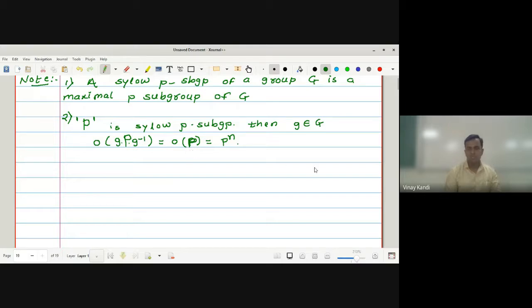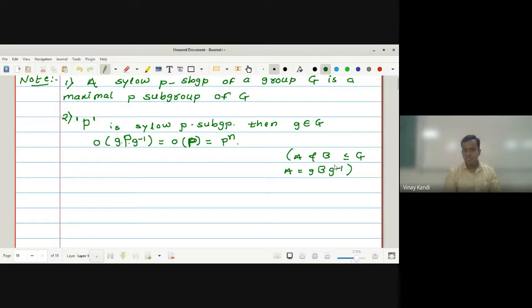Okay, we know that if suppose A and B are two subgroups of G, then A is conjugate to B when A is equal to g B g inverse. Okay. So then we say that A is a conjugate subgroup of B. Okay. This is the definition of conjugate subgroup. You know it, right?